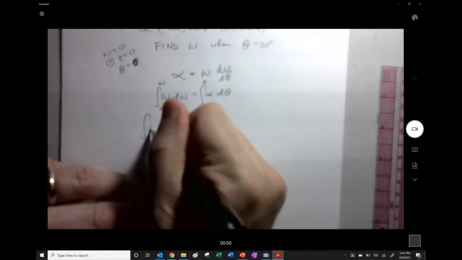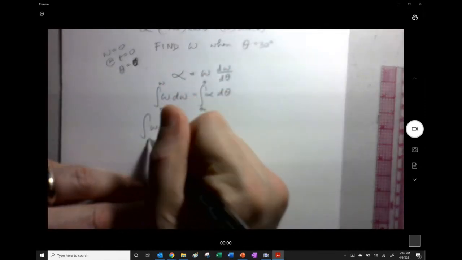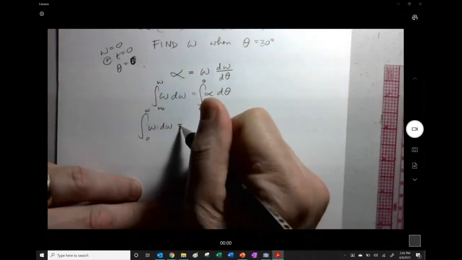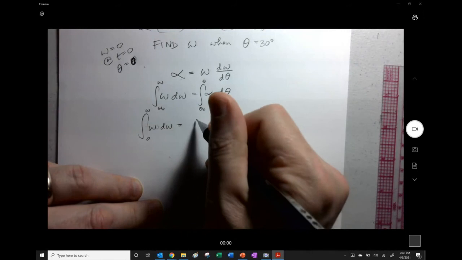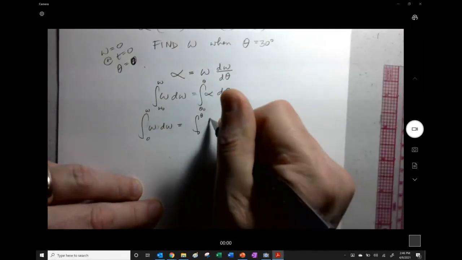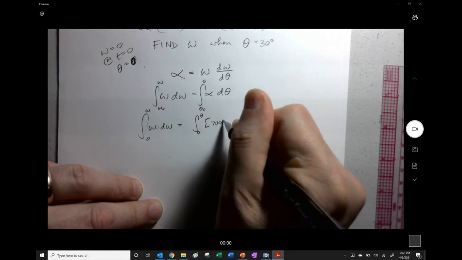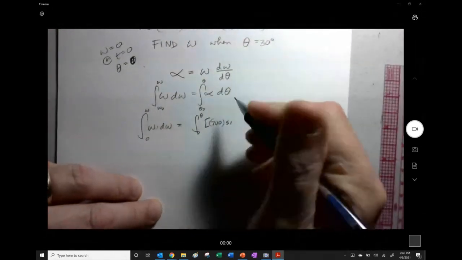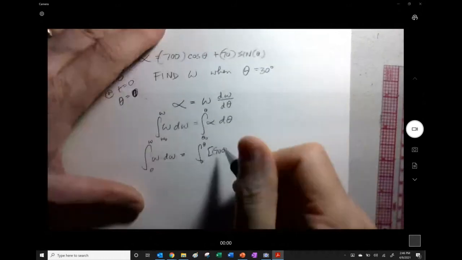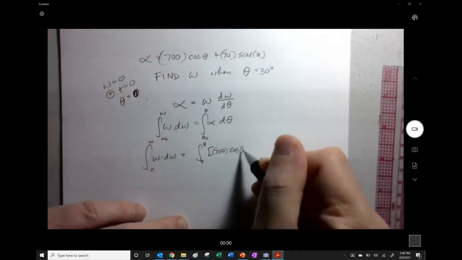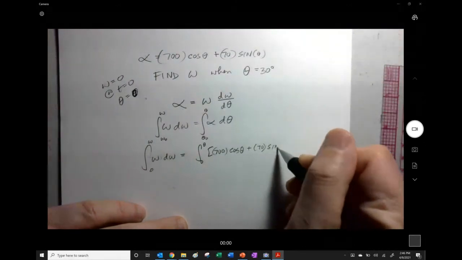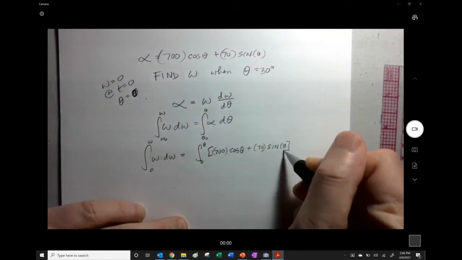Okay, so the integral of omega d omega from 0 to omega is equal to the integral from 0 to theta of 700 cosine of theta plus 70 sine of theta d theta.